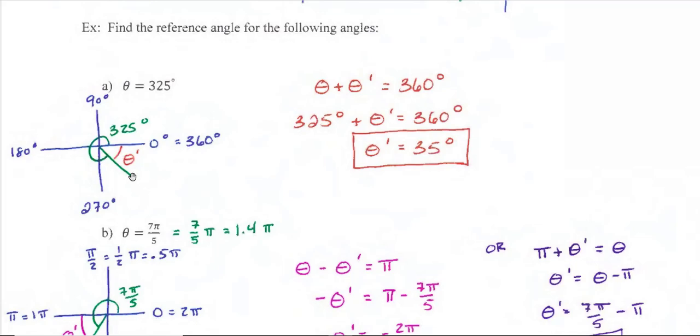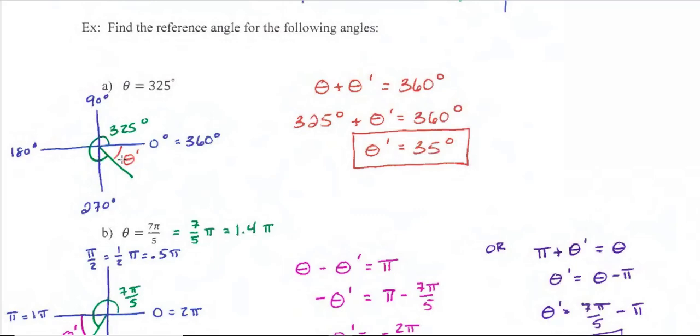So now to find the reference angle, it's always made up of the x-axis and the terminal side. So here's the x-axis and the terminal side, and it's the acute angle right there. And now every time you do this, the formula is going to be a little bit different. You have to look at the picture to figure out how you can find your reference angle.